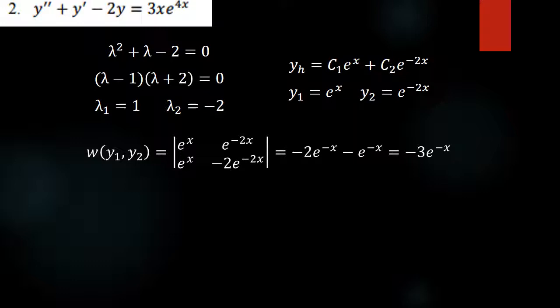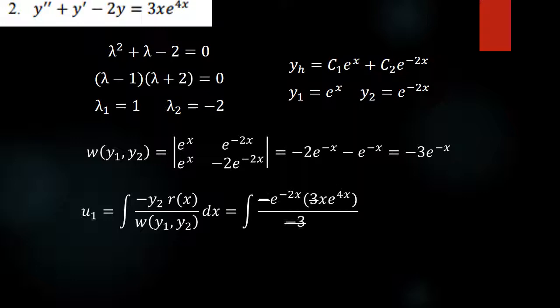After that we must obtain the value of u1 and u2. u1 is obtained by integration of minus y2 r(x) divided by the Wronskian, and in the integration we substitute the values of each variable, and we reduce the integration.